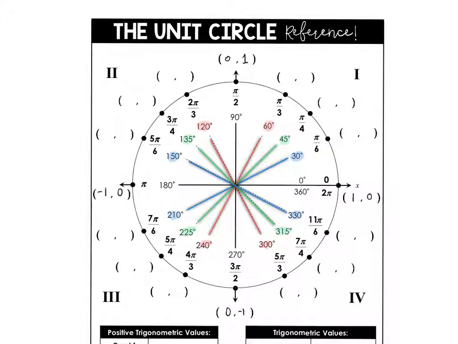Once I have my basics done, the rest of it is all associated with all the values in the first quadrant. Also, just let me point out that I have quadrant 1, 2, 3, 4 marked out counterclockwise. So now let's look at the first quadrant.